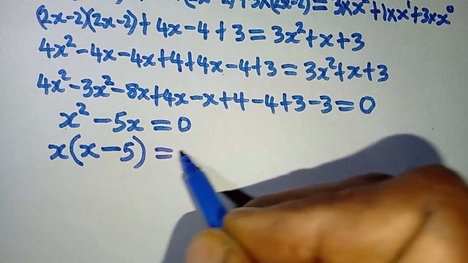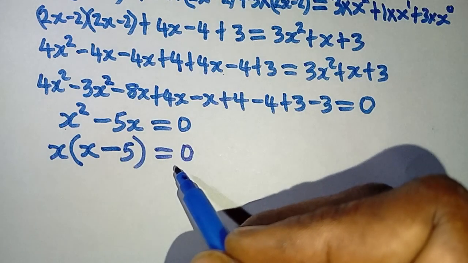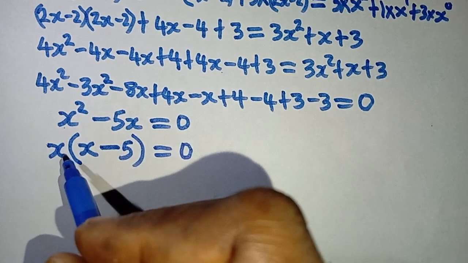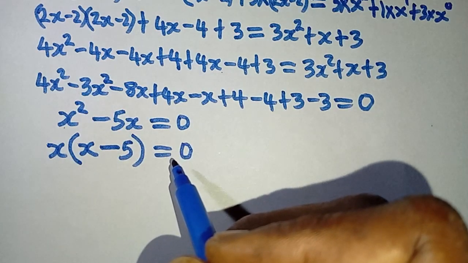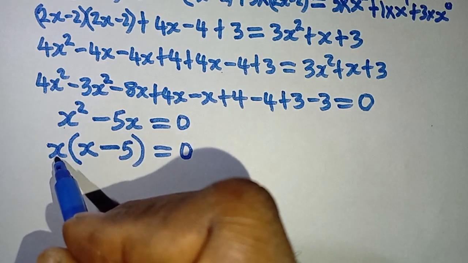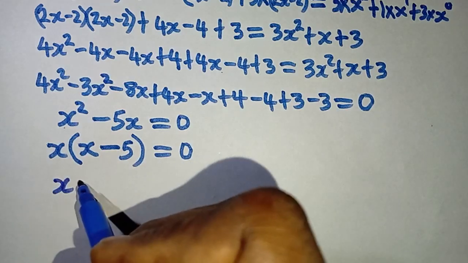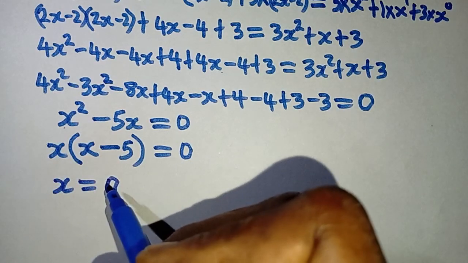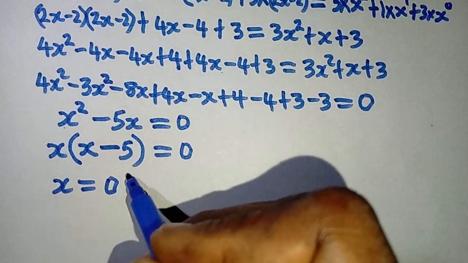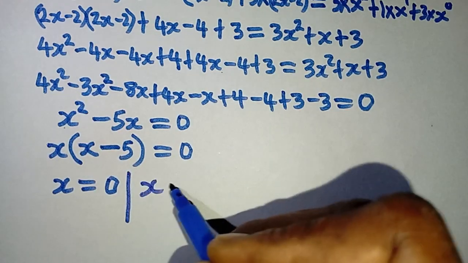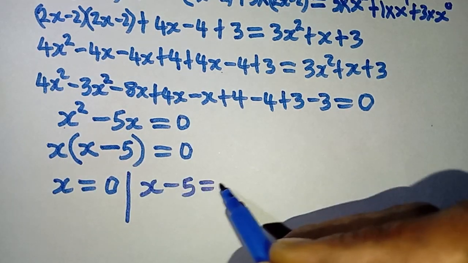And that will be equal to 0. So now I have to equate each of the terms here to 0 in order to solve the quadratic equation. So I equate x to 0. It becomes x is equal to 0. And then I take this other part and equate it to 0. I have x minus 5 is equal to 0.